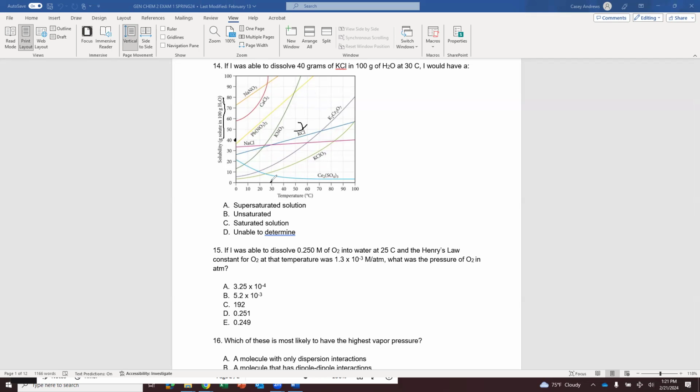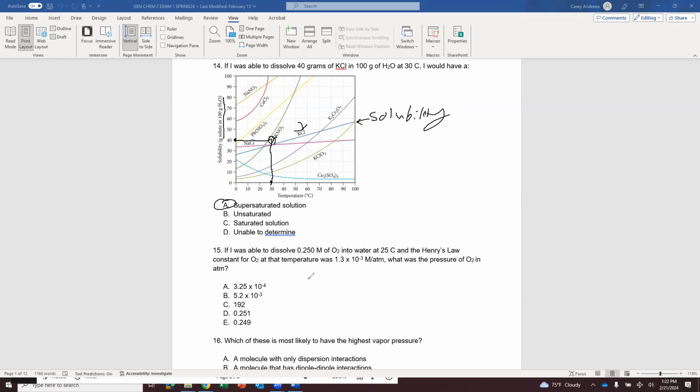At 30 C, I'm looking at 40 to interact with 30. That's this point right here. I am above the KCl line. Remember, this line tells me my solubility. Since I'm above, that's called a supersaturated solution.